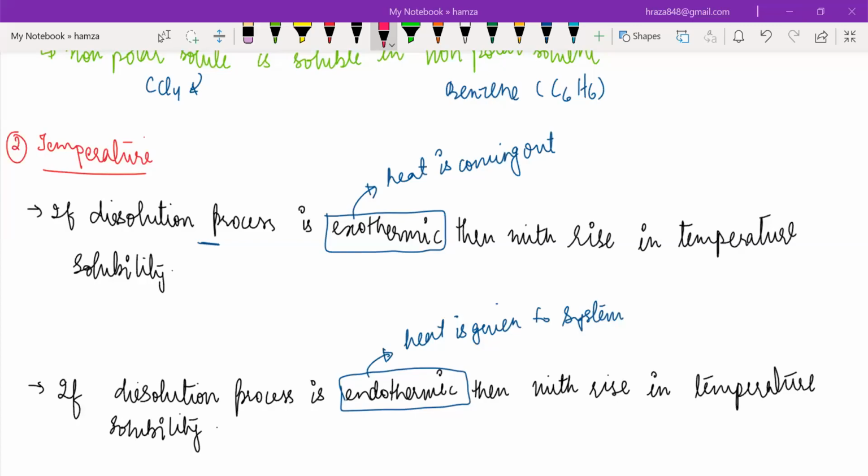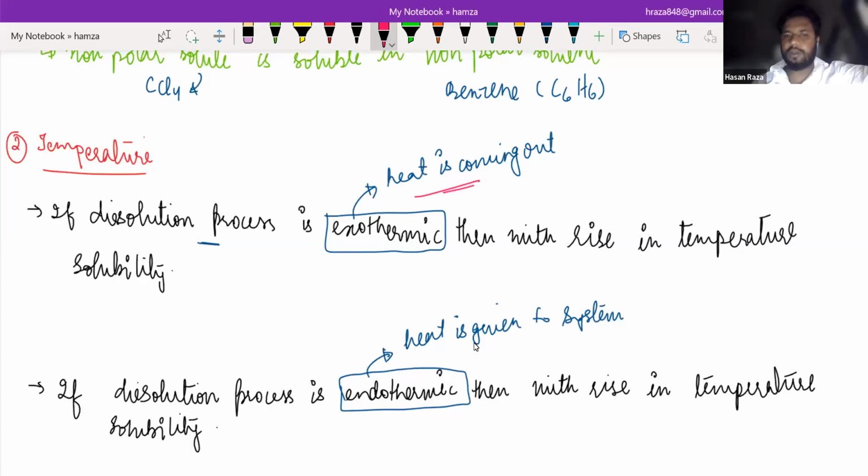Endothermic process is when heat is given to the system or the solution.